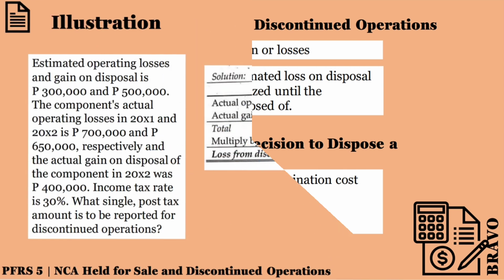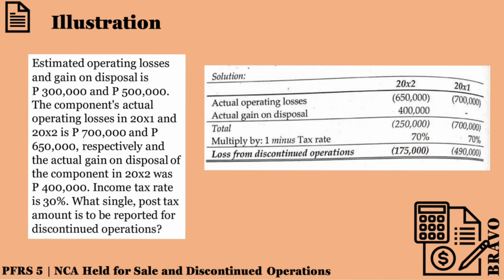To further understand, here is an illustration. Based on the given, we have actual operating losses on 20x1 and 20x2 of 700,000 and 650,000. On 20x2, we have an actual gain on disposal of 400,000. We're going to total that and we're going to have negative 700,000 for 20x1 and negative 250,000 for 20x2.